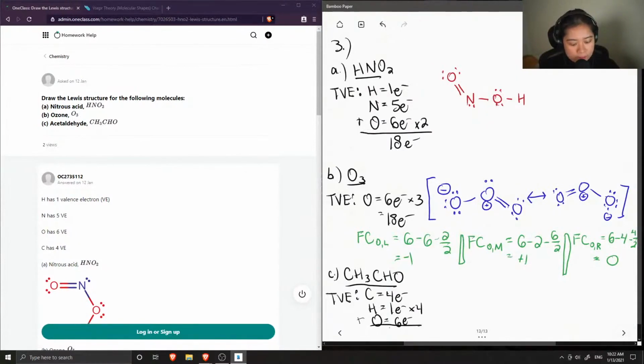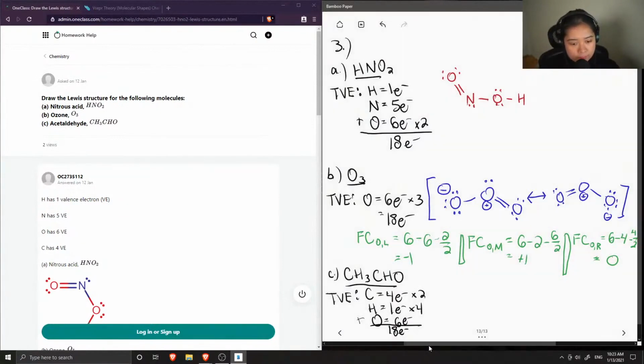So we have a total of 18. Oh, sorry, there are 2 carbons. Okay, yeah, so this is 18 valence electrons.